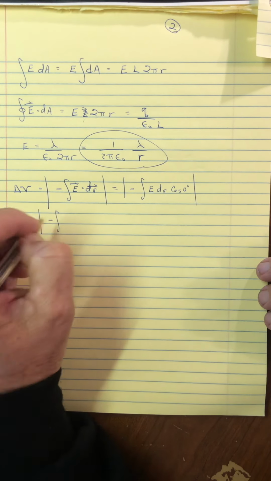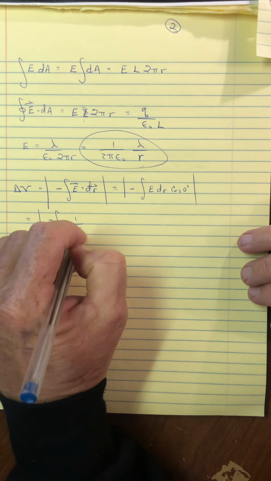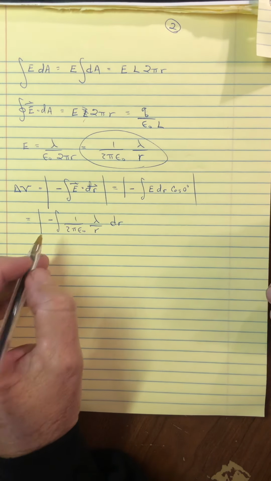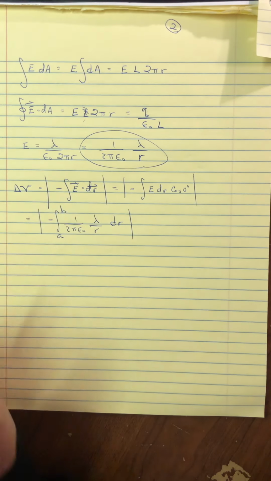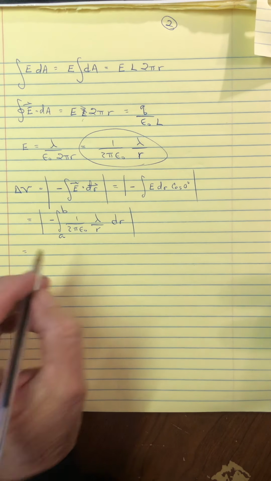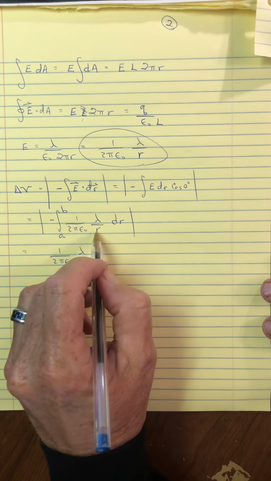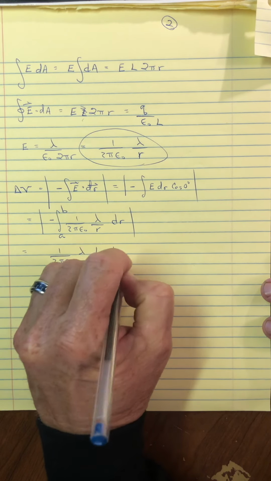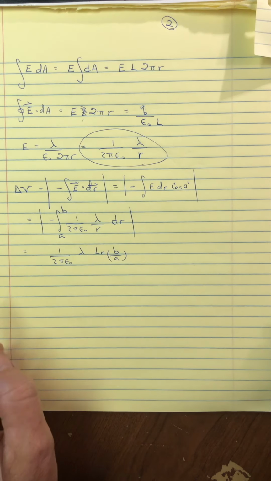And so we've got the integral of this electric field, which we just did up here, 1 over 2 pi epsilon naught lambda over r dr. And then we would be integrating it from the inner radius, which I called A, to the outer radius B. And so this would be 1 over 2 pi epsilon naught, here's the lambda, and now the integral of dr over r is ln, and so I'll just take the b over the a.